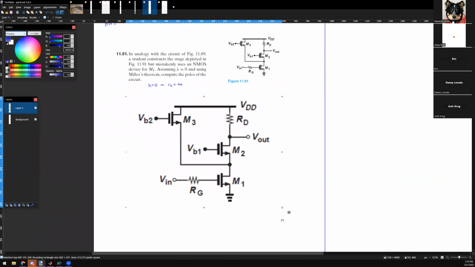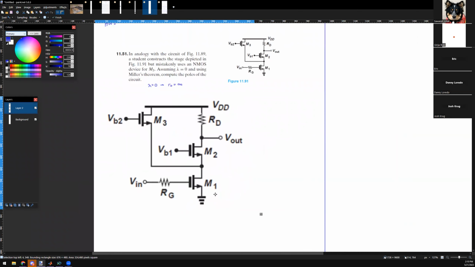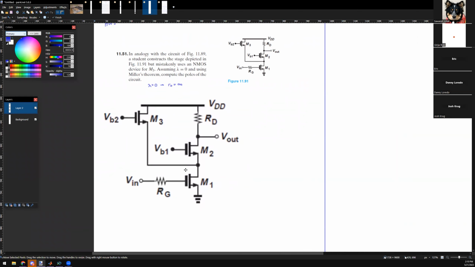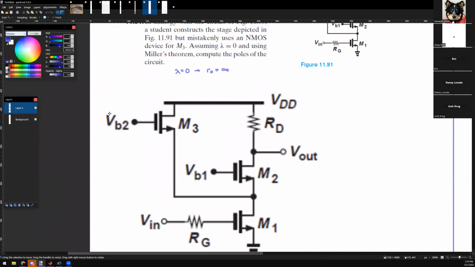We need to draw out all the capacitances, I think. All right, I'm going to draw all 4 of them out. Every single FET has 4 capacitors. You have one from gate to drain, and you also have the capacitance from gate to source.